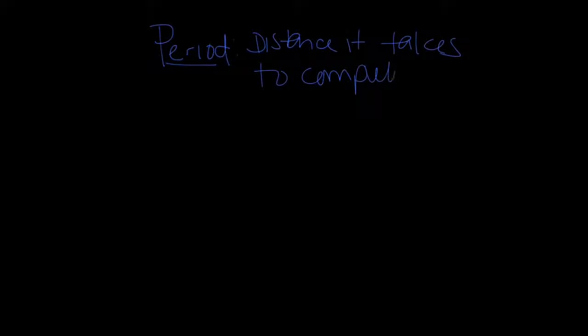The last piece of a sine and cosine curve is the period. The period tells you how long it takes for you to see one full curve. So it's really the distance it takes to complete one full sine or cosine curve.